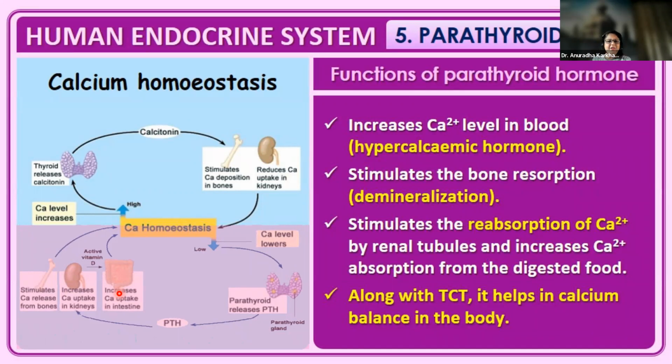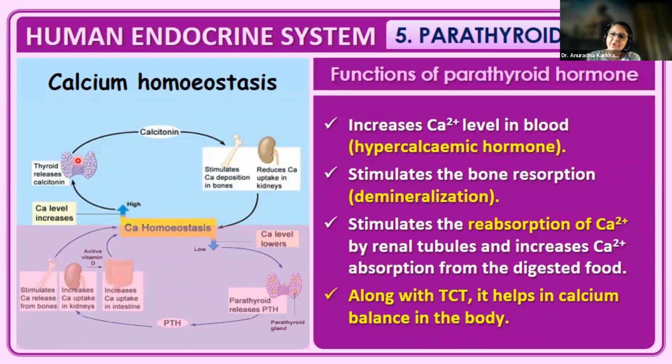Did you all understand all the three methods? So ultimately what will happen? Because of this or this, calcium level will increase in the blood. Ultimately, if it increases, it is going to be put into the bones under the influence of calcitonin. But calcitonin has to be produced in good amount by the thyroid. Otherwise, no use.